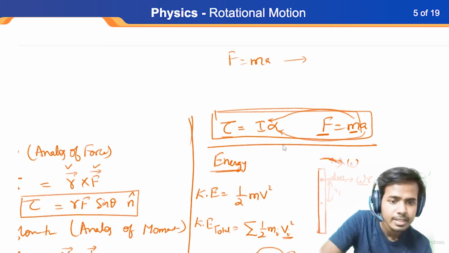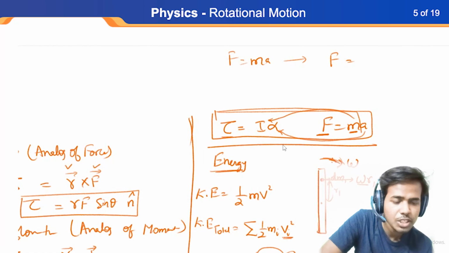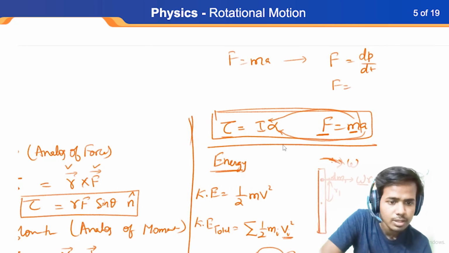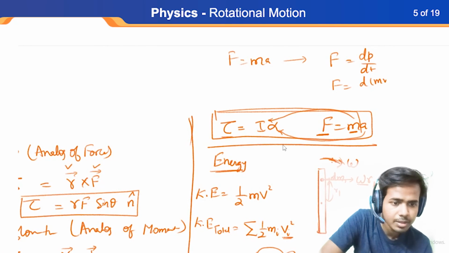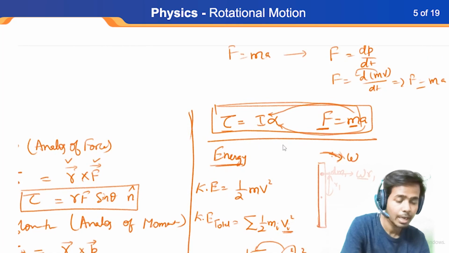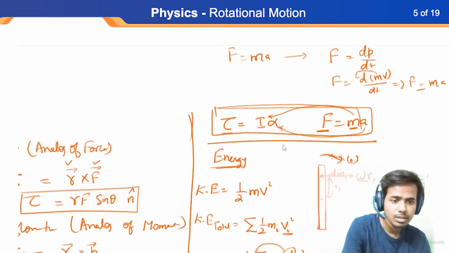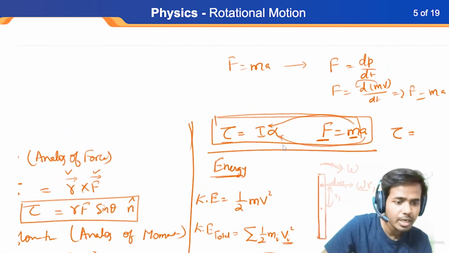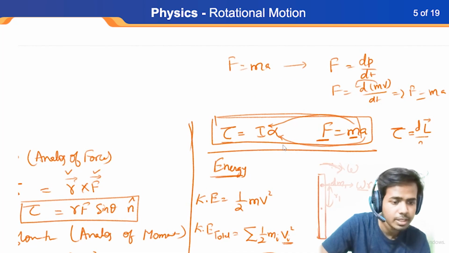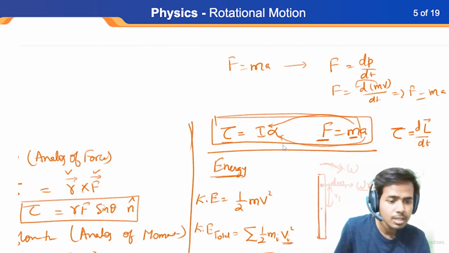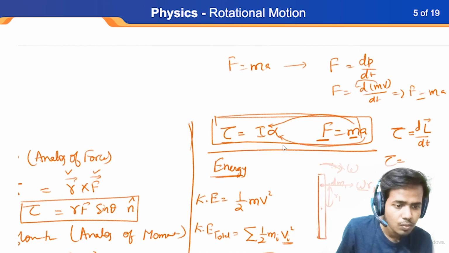We define that force is equal to the rate of change of momentum, dp by dt, and dp is equal to d(mv), and F is equal to ma from here, since the m comes out and dv by dt is acceleration. In the same fashion, tau is equal to the rate of change of angular momentum. What we can do here is ask, what is the angular momentum?